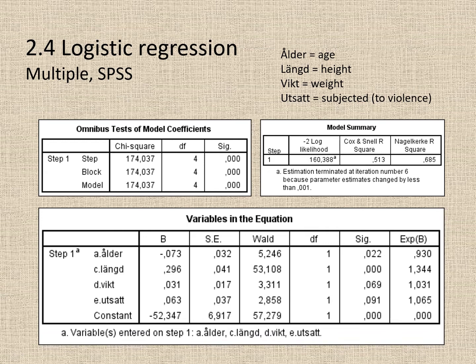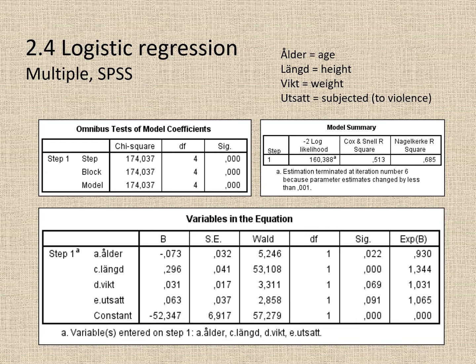So how do we interpret? We see here the p-value for the coefficient of height is very significant. So what does the association between height and being a man look like? And height is in centimeters.